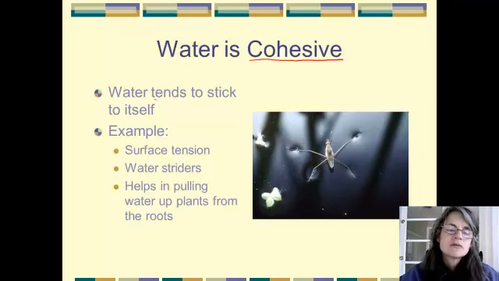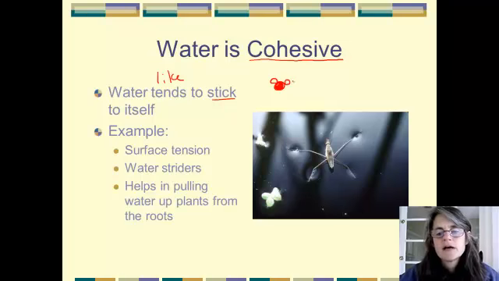water likes to, and when I say like, please know, I don't think little water molecules have personalities and brains and all that, but they behave as though they like to stick to each other. So, for example, water likes to stick to itself, meaning if this is a water molecule, there's my oxygen, there's a hydrogen, there's a hydrogen.